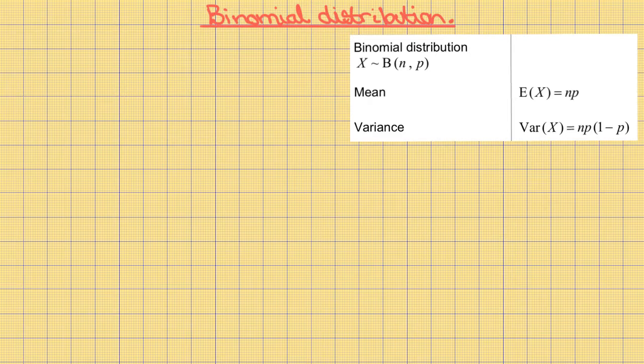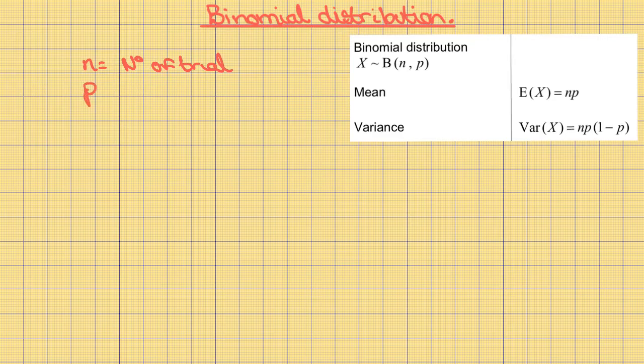To spot a binomial distribution question, the first thing you should note is that you will be told a number of trials. So n equals number of trials. Binomial means 2.